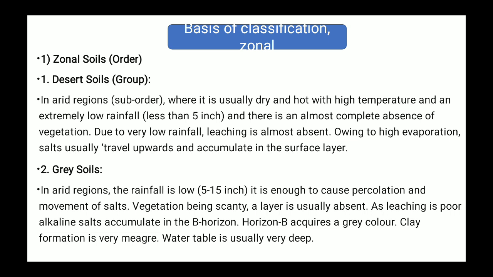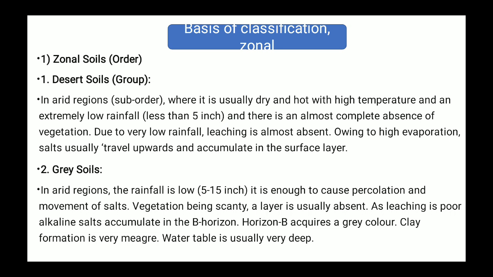In an arid region, meaning where there is scarcity of water, like a desert region, but semi to desert, it is usually dry and hot with high temperature and extremely low rainfall, less than 5 inch, and there is an almost complete absence of vegetation due to the very low rainfall.